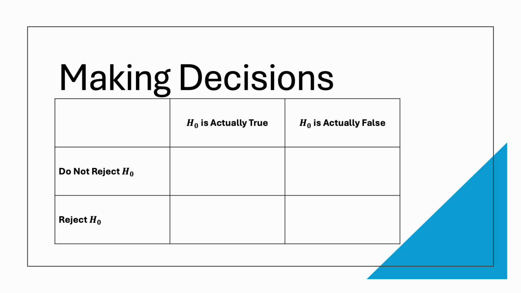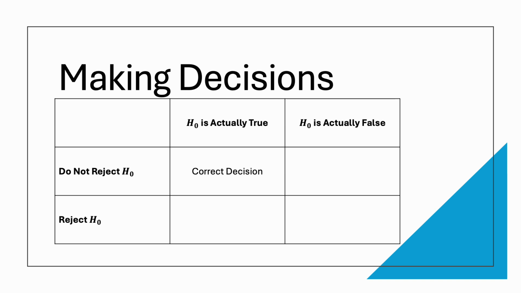So 50% of people prefer chocolate ice cream, and we came to the conclusion that we should not reject that hypothesis. That is the correct decision. If 50% of people prefer chocolate ice cream, and we come to the conclusion that 50% of people prefer chocolate ice cream, that's the correct decision.